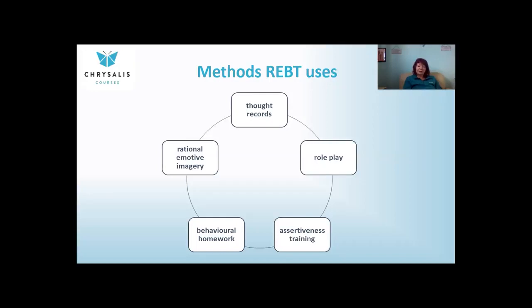And two of these are ACT, or acceptance and commitment therapy, and DBT, which is dialectical behaviour therapy. So DBT uses a broad range of cognitive and behavioural strategies, and dialectics means attempting to balance opposite positions and working on how these positions might go together.